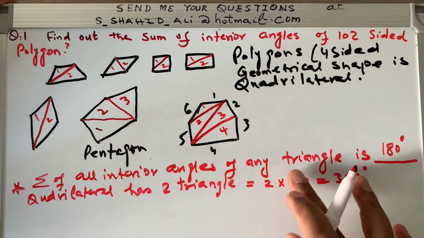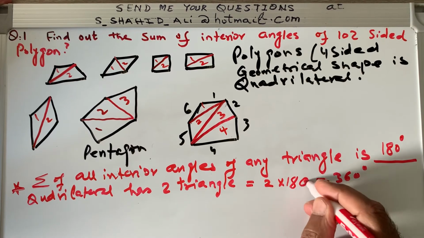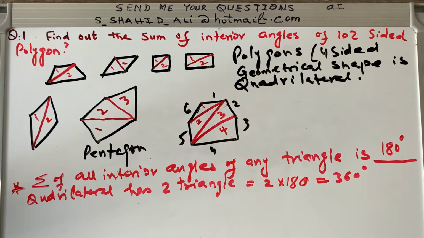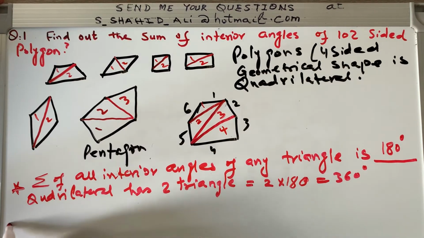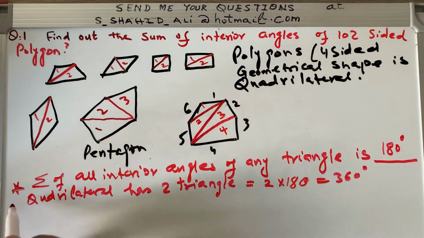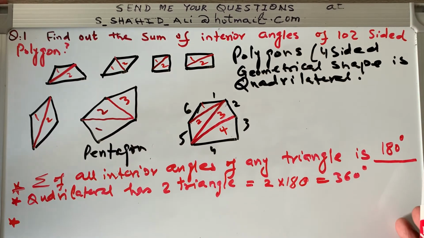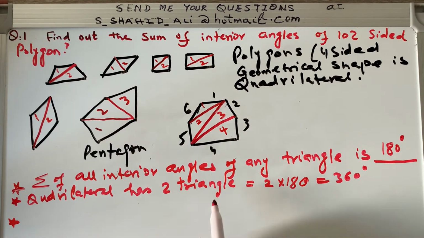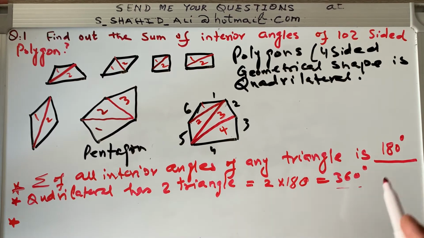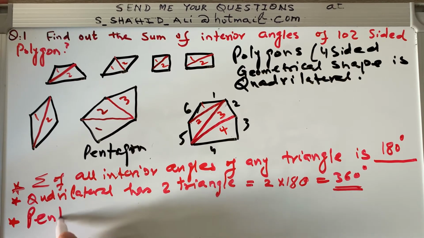This is the sum of the interior angles of the quadrilateral, because we have two triangles and we know that the sum of the interior angles of any triangle is 180. So quadrilateral has two triangles, so the sum of the interior angles comes out as 360. Pentagon. How many triangles does a pentagon have?